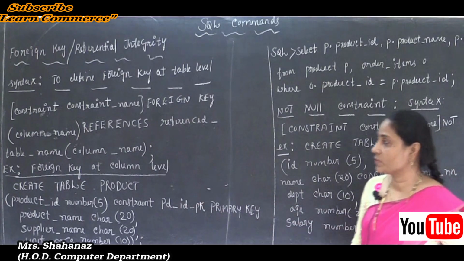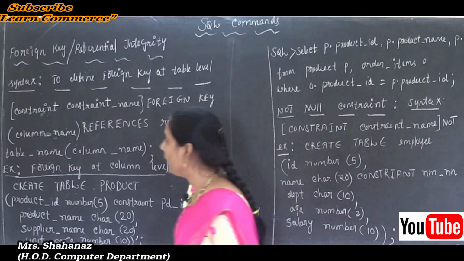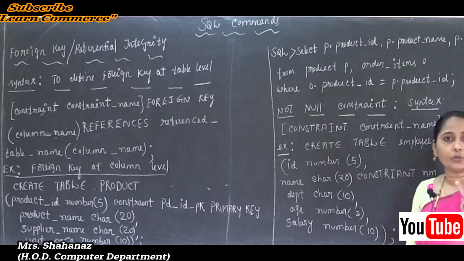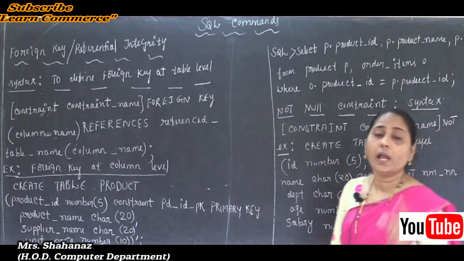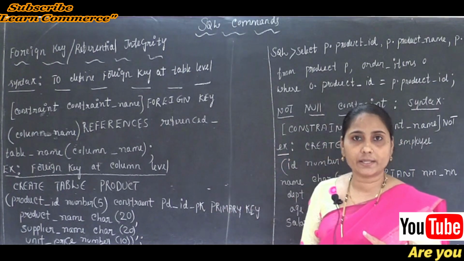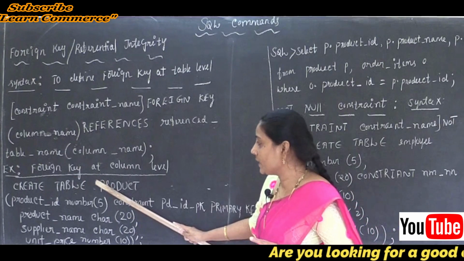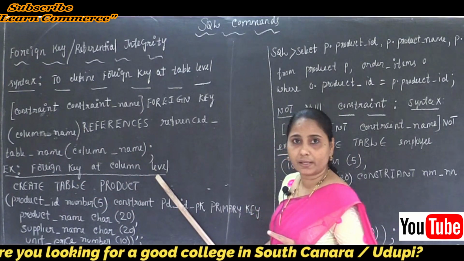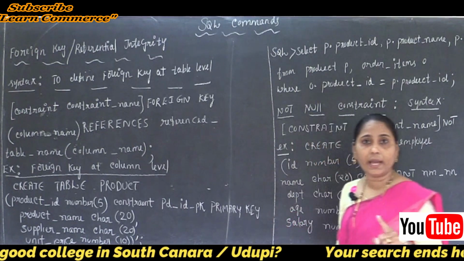Now, by using an example, we are going to complete the meaning of the foreign key. I already said two tables are there: one is product and the second is order_item. So this example shows the foreign key at column level. Clear this point here?